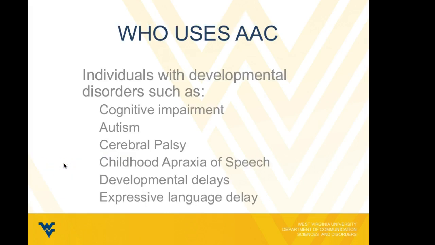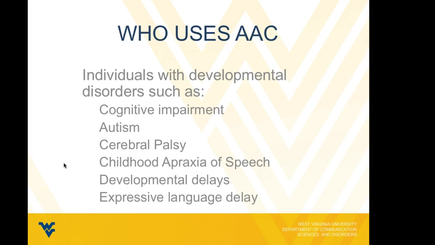Next, I wanted us to talk a little bit about who we might be thinking about. What kind of diagnoses fall in this population that we think of with complex communication needs? And so sometimes these are individuals who have a cognitive or intellectual impairment, or it might be an individual with autism or cerebral palsy, childhood apraxia of speech, developmental delays, expressive language delays.